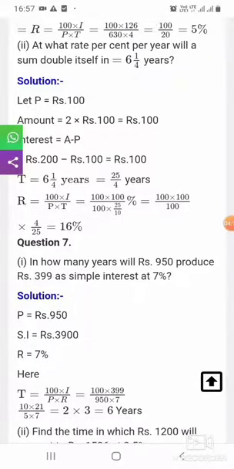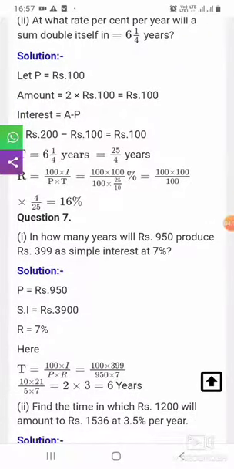Right, now let us move to the next problem here. Question number 7. You can see question number 7. In how many years will 950 rupees produce 399 as simple interest at 7%? So here the data is given like this. The principal is 950, the interest is 399, and the rate of interest is 7%.